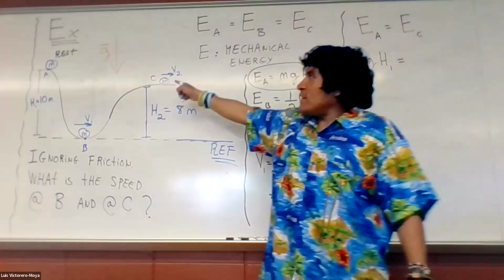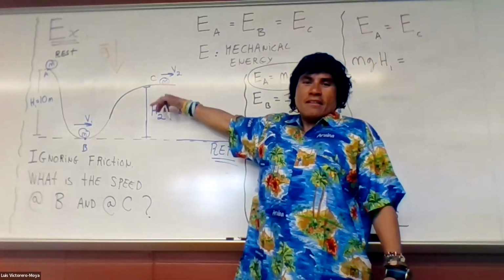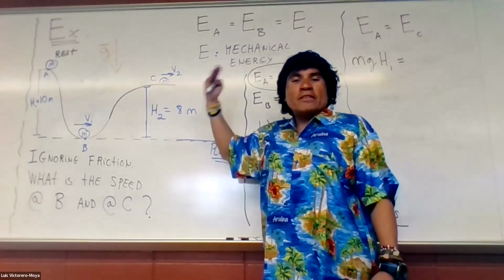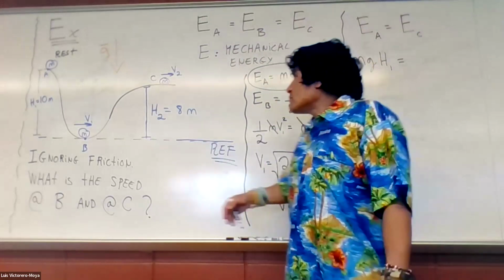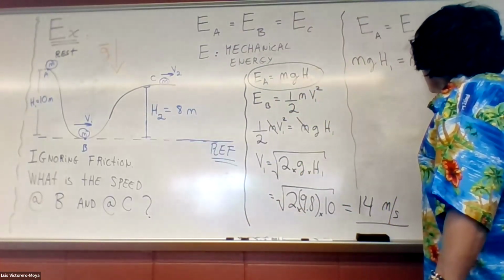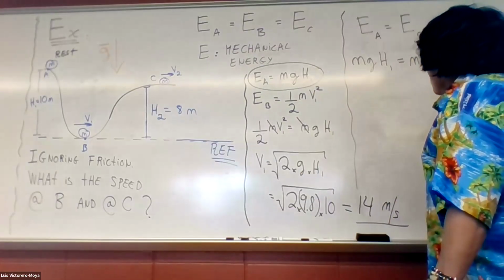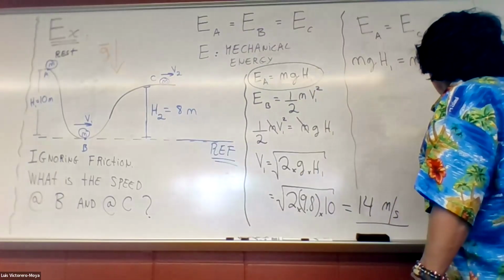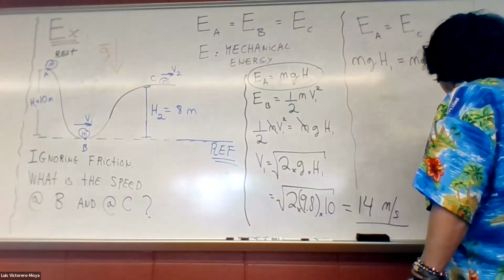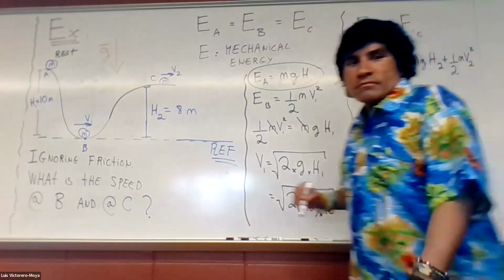What's the mechanical energy at C? There is some height, which is 8 meters. So potential plus kinetic: mgh2 plus 1/2 mv2 squared.